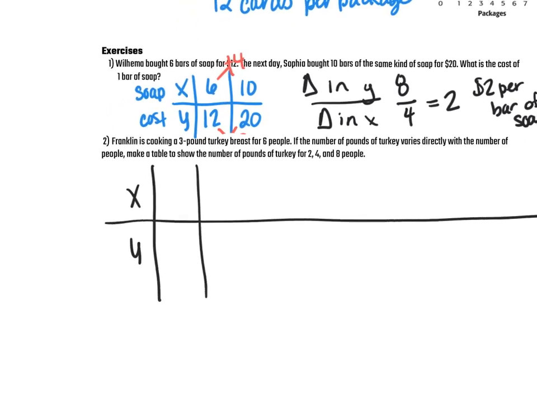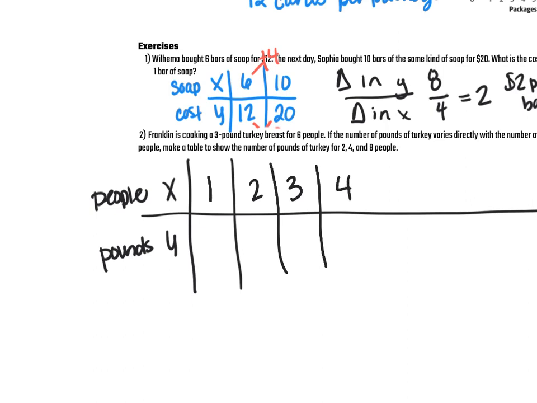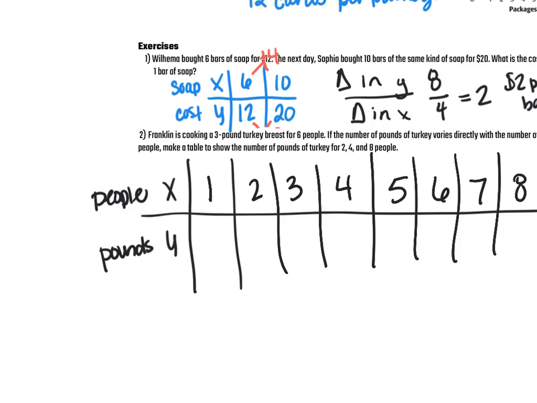We're going to define X as our people, and we're going to define Y as our pounds, because we want pounds per person. So if this is 1 person, this is 2, 3, 4, 5, 6, 7, and 8. They give us the information of this right here, which is 3 pounds for 6 people.